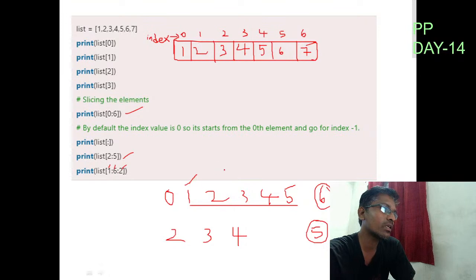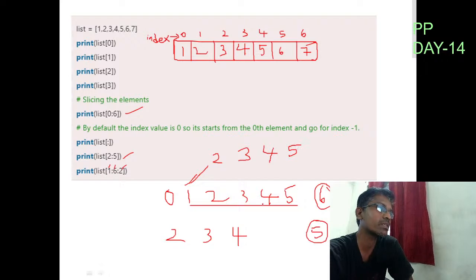Then I will count. What is at index number 1? It is 2. And what is at index number 2? The element is 3. And what is at index number 3? The element is 4. And at index number 4? It is 5.